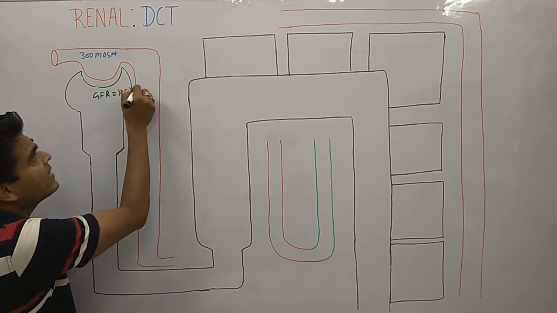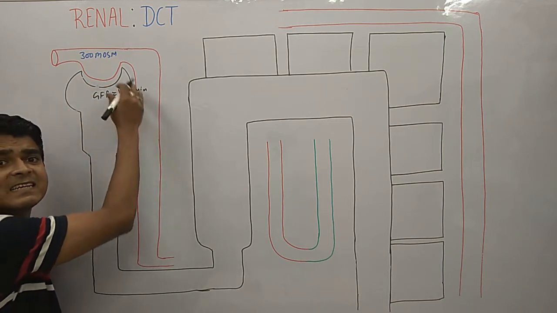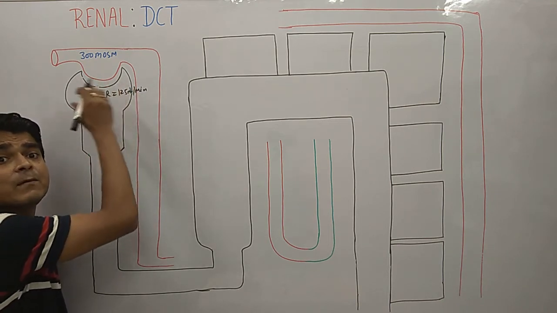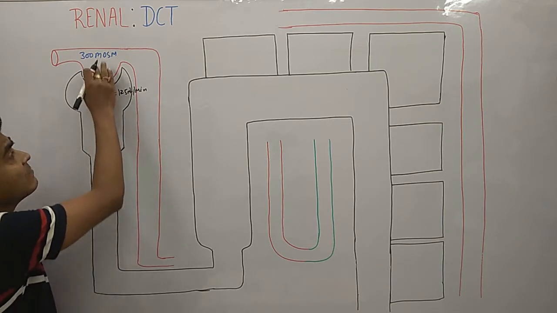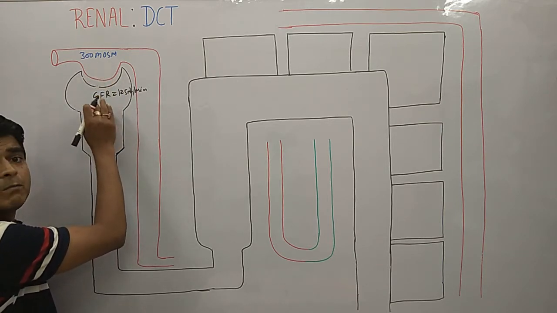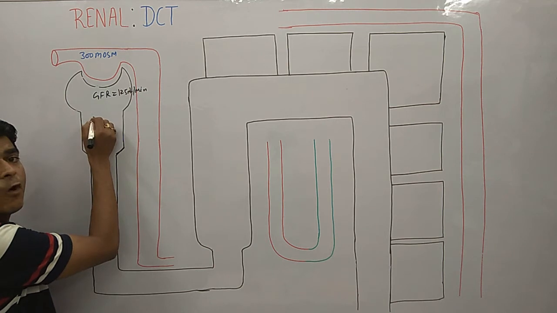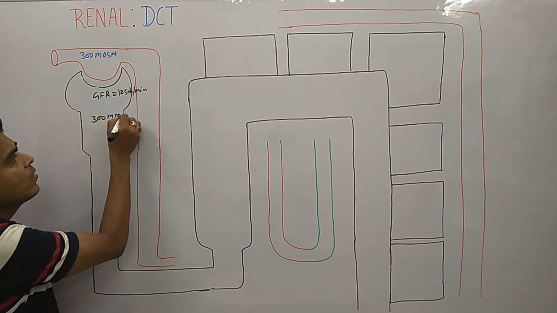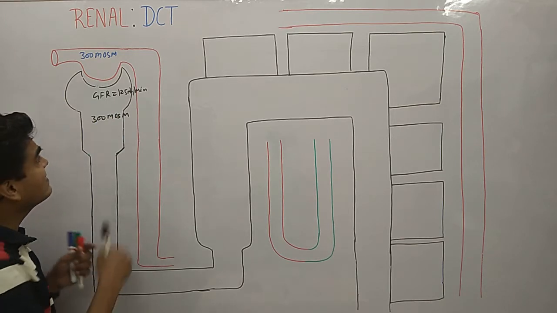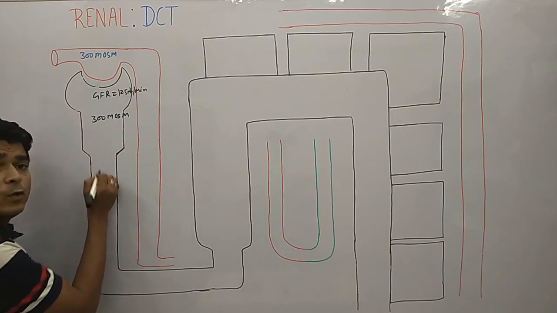ml per minute. After that there was a generation of various pressures through which the GFR occurs, and whatever filtrate comes into the Bowman capsule then goes into the PCT. That filtrate has an osmolarity of 300 milliosmolar, and the same osmolarity reaches the loop of Henle.